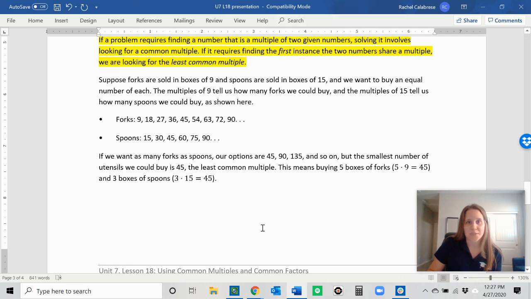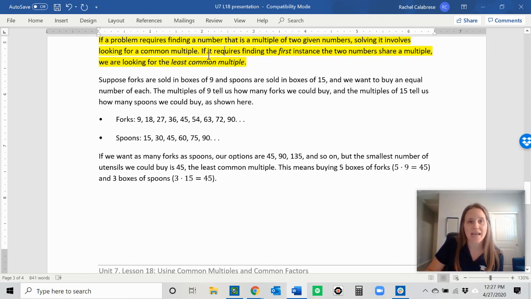Go ahead and read this part of the lesson summary. Take a moment to do that silent solo. Okay, pause here if you need more time.